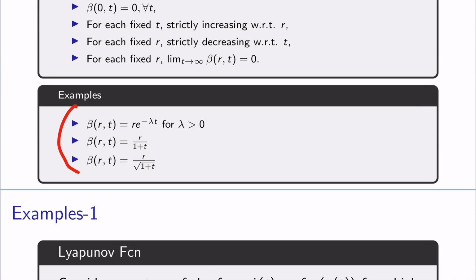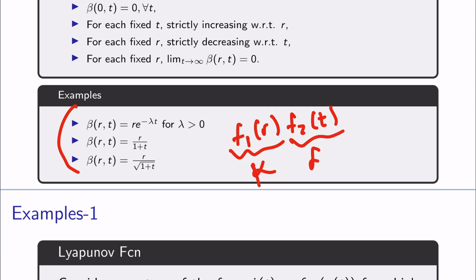So these are the types of examples, and if you notice, they are some type of function in, let's say in this case r, and then some type of function in t. They have that type of form. This is the class K part, and this is the class L part.